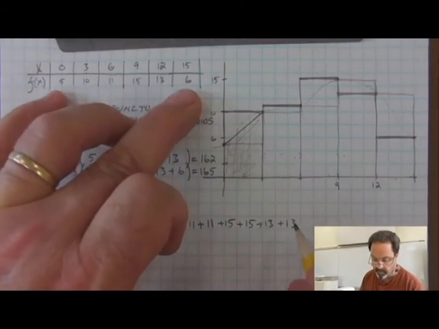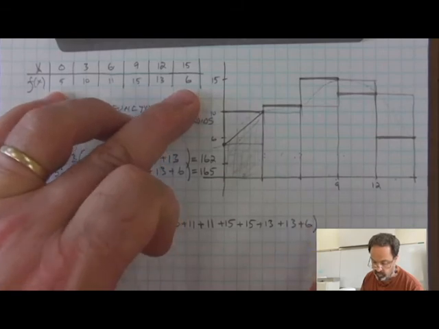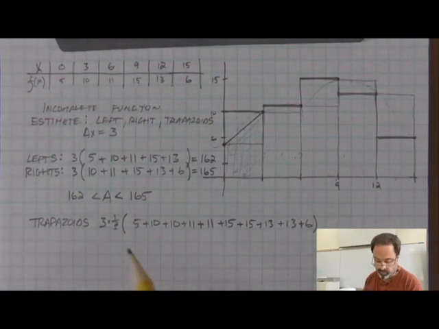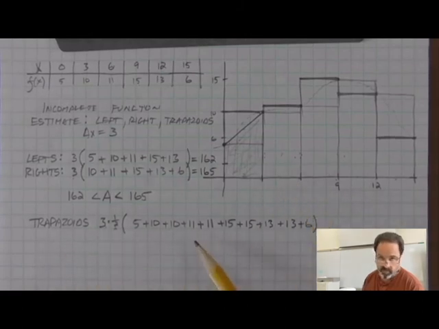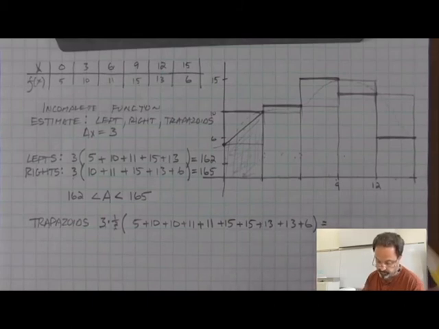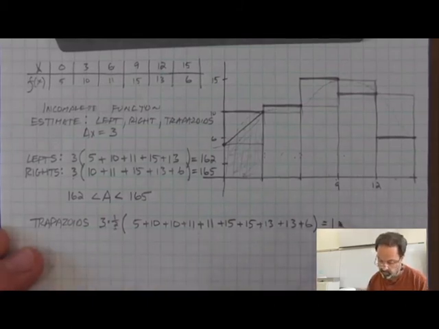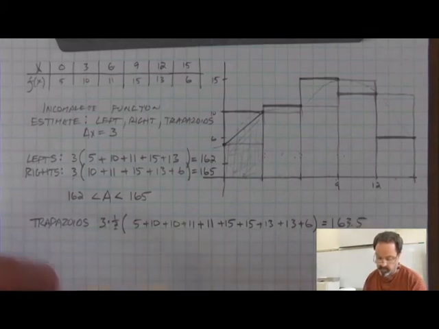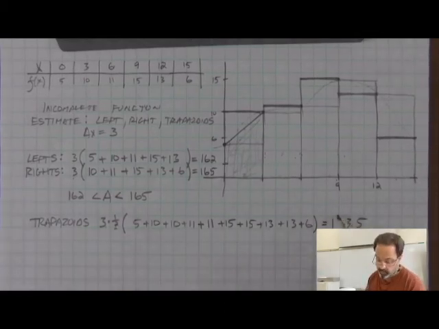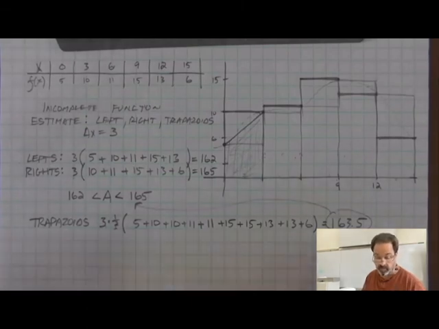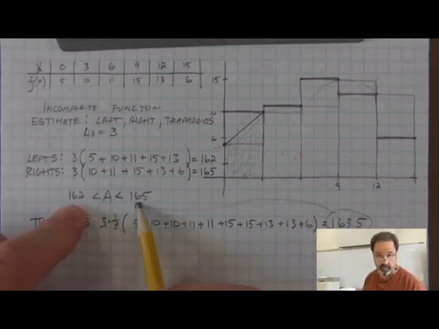And the ends, 5 and 6, are only used once to complete the expression for the trapezoid estimate of the area under the curve, which I've previously calculated to be 163.5. Notice that the trapezoid estimate is in between the range that we previously knew. This trapezoid estimate is a better estimate than 162 and 165.